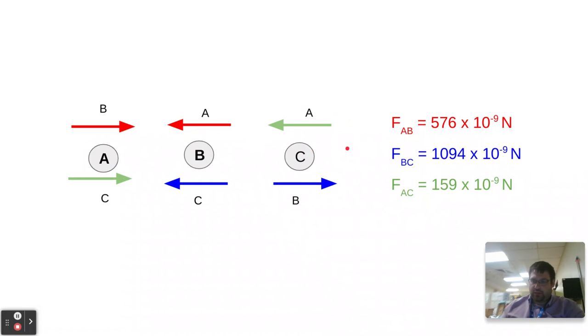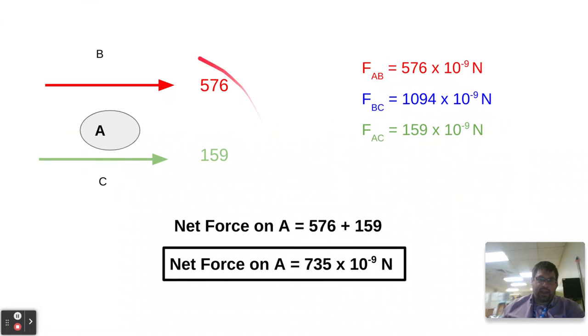The first question, now that we're done with this part, they're going to ask you is find the force on A. So we can focus on A first. These all have the same exponents and the units, so this is like terms. So for argument's purposes, I'm going to ignore that part for now. The red arrow had a value of 576.